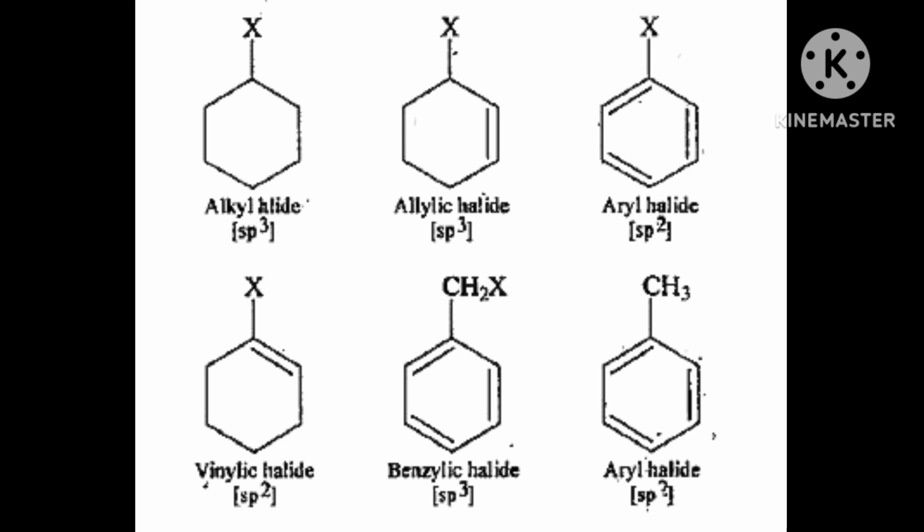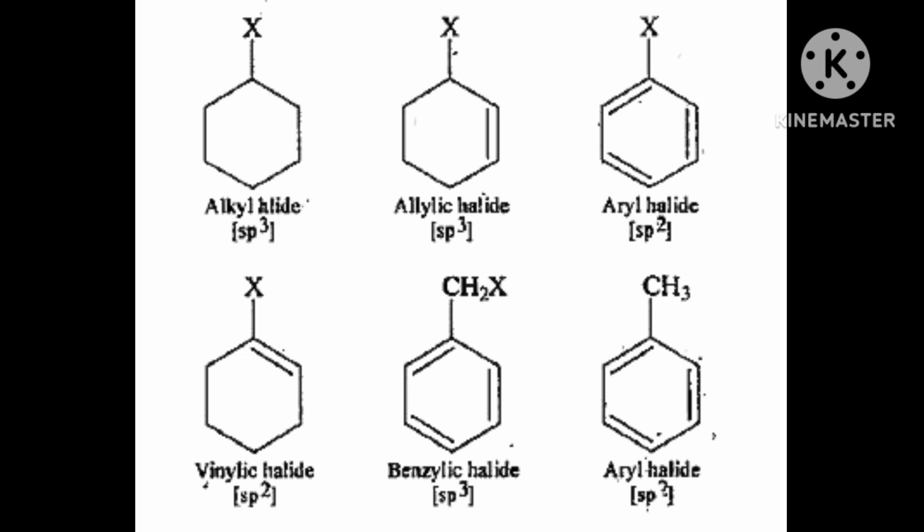Okay. And what will be the IUPAC name? Then the IUPAC name is very easy. You can start numbering from any, 1 or 2, only 2 carbons are there. Then its name will be 1,2-dichloroethane.